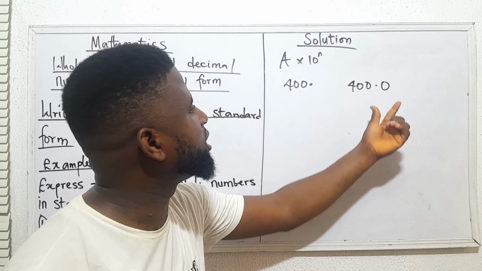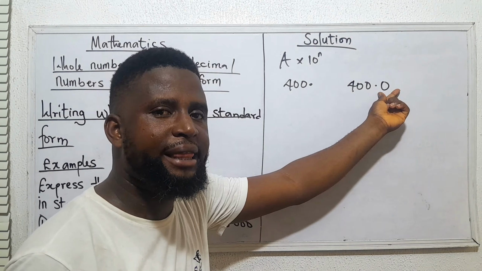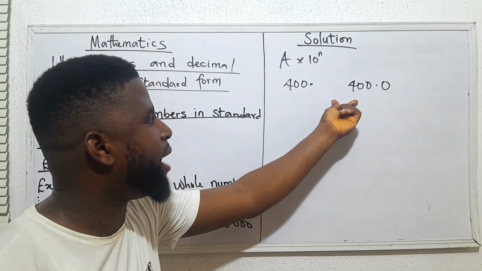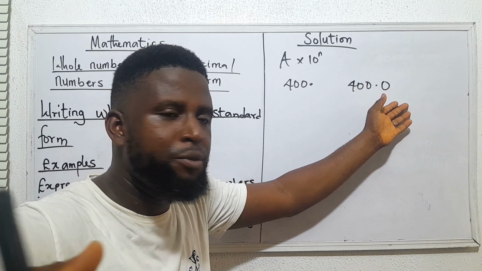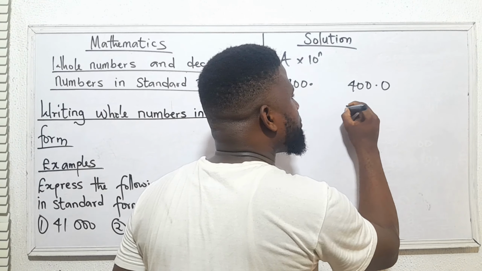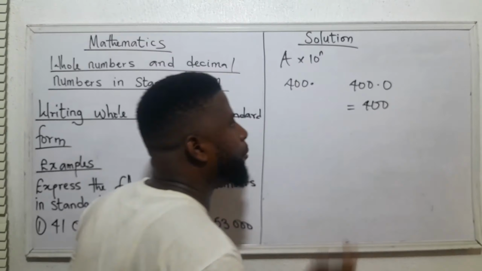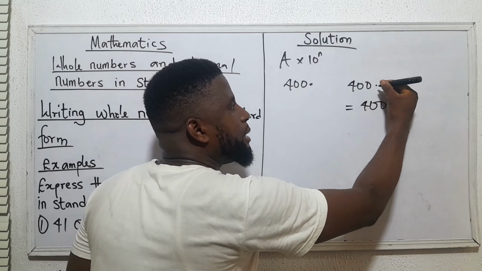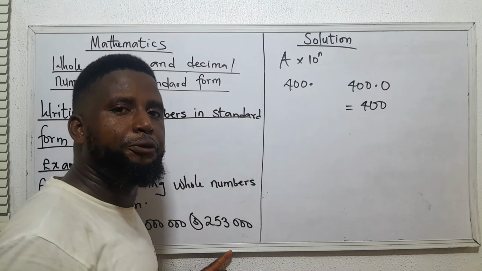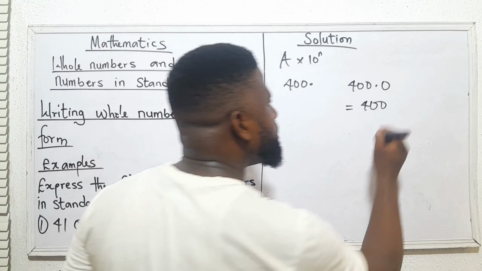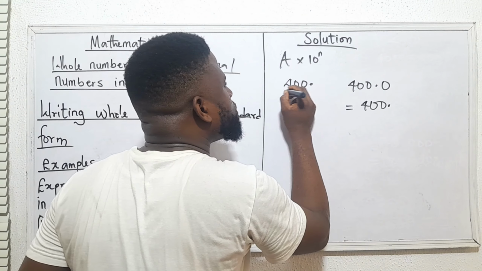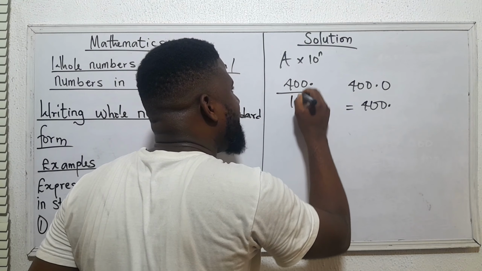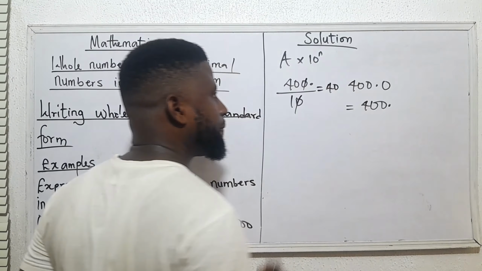If the decimal number attached to any whole number is zero, then the zero is inconsequential. It's the same thing as 400. This makes us know that the place of the decimal point for every whole number is after the last number.